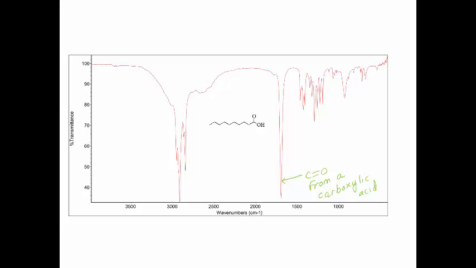The peak printout gives us a peak value of 1710 reciprocal centimeters, which is exactly what we would expect for a carboxylic acid. And so this very large peak is our oxygen-hydrogen stretch. Oxygen-hydrogen from carboxylic acid.